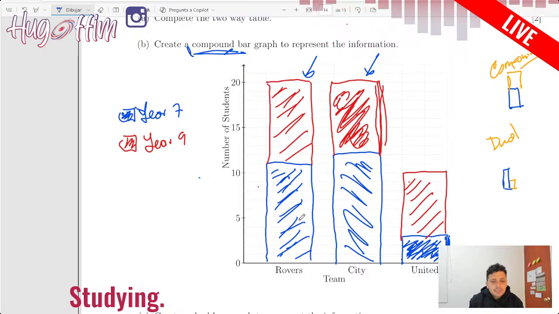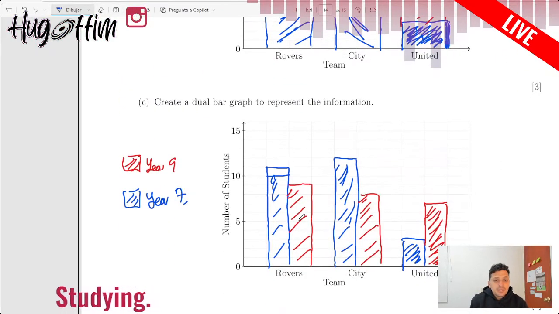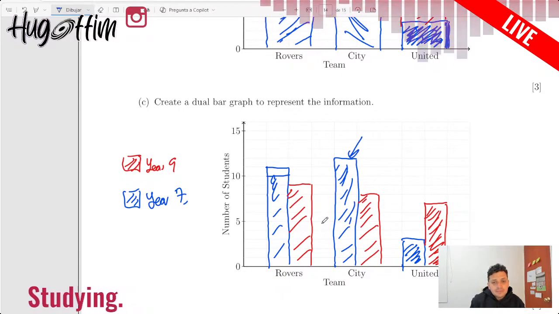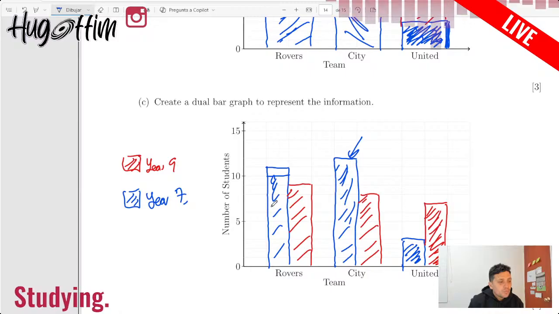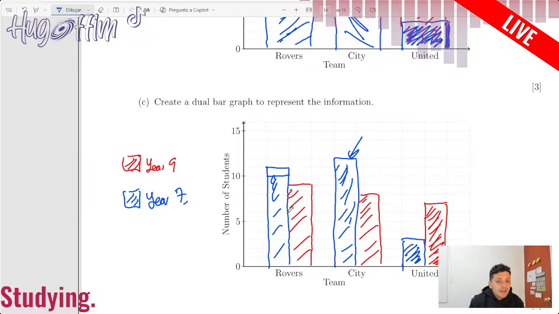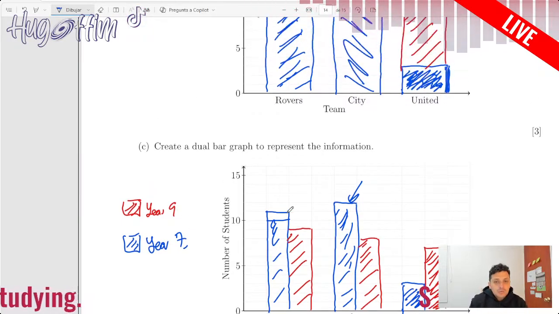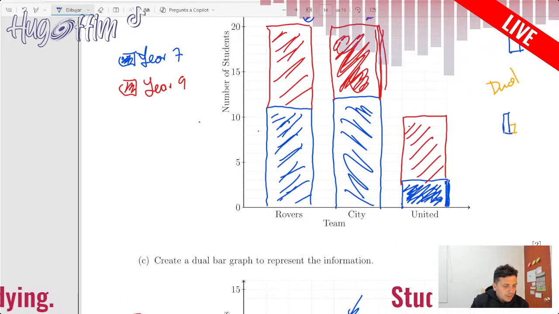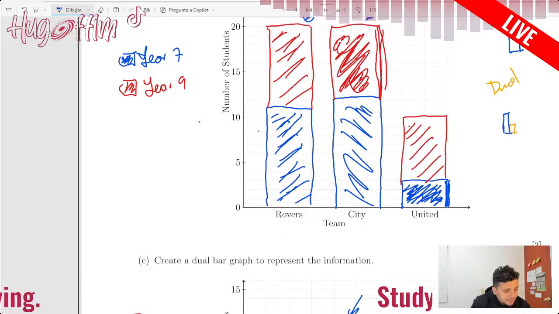Roberts and City. Which one is the model between year 7 City? You see? This is when you use it. You use dual to get by parts, and you can use compound when you want to know both. Okay, I already forgot where I was checking.